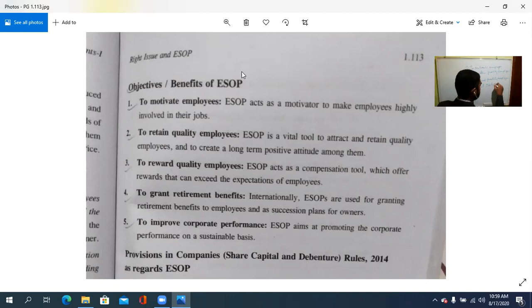Retirement benefits. Okay. Then 5 is what? To improve corporate performance. So to motivate the employees, to retain the quality employees, to reward the quality employees, not quantity, quality employees, to grant the retirement benefits to them and also to improve the corporate performance.